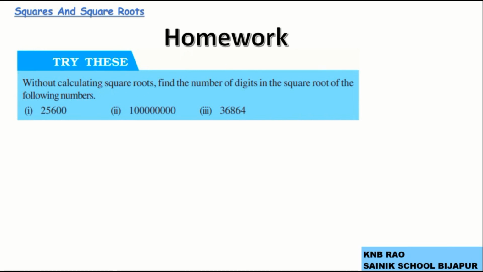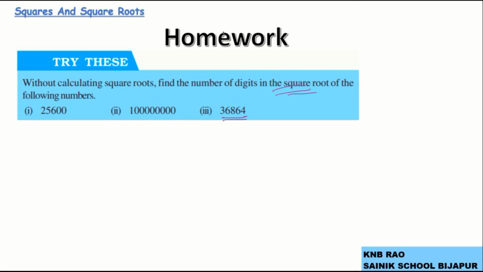Students, you have learnt if the number of digits in a given perfect square is known, we can say how many digits will be there in its square root. Without calculating square root, find the number of digits in the square root of the following numbers. I gave you a rule, use that rule to find this answer.